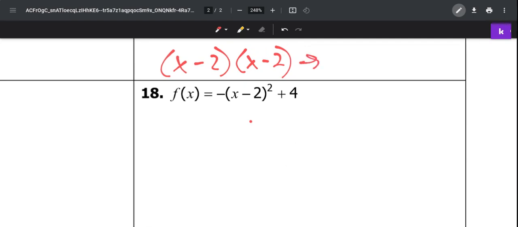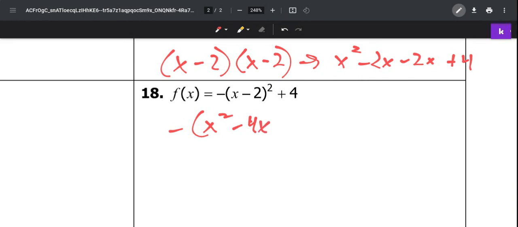But if we do that here, we would get x squared minus 2x, and then plus 4, which would end up simplifying to negative x squared minus 4x plus 4. And then we would have another plus 4 on the end.